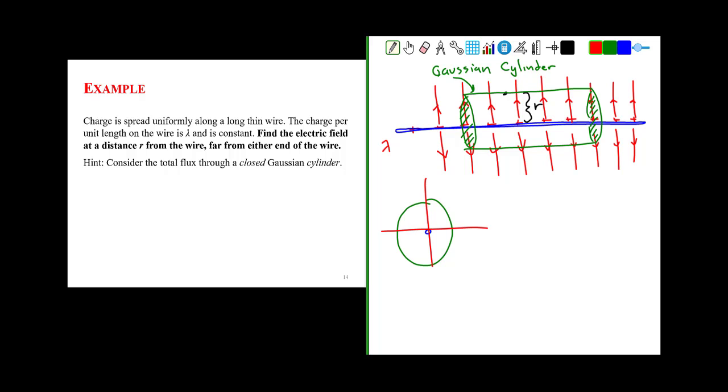Notice that the electric field relative to the surface has the same magnitude on any point of that surface, and relative to a tiny bit of area on that surface, the electric field is always parallel to a tiny area differential. That's going to be a useful thing for us.